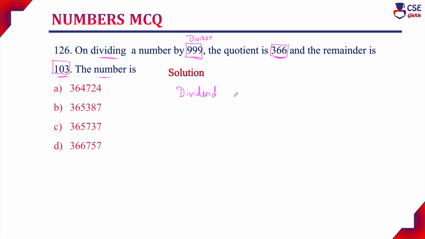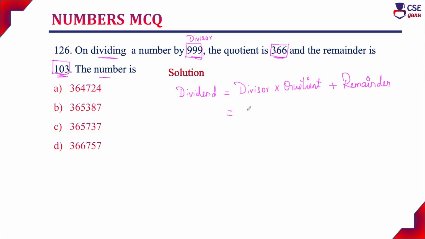We know the formula: dividend is divisor into quotient plus remainder. Here we know the divisor, quotient as well as remainder, so we need to find the dividend.